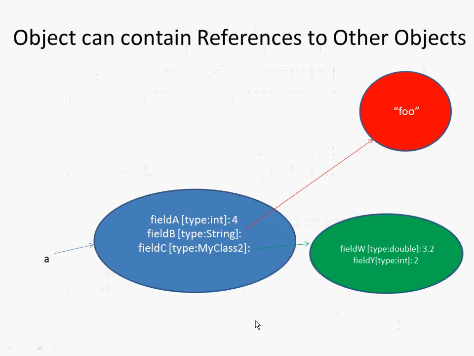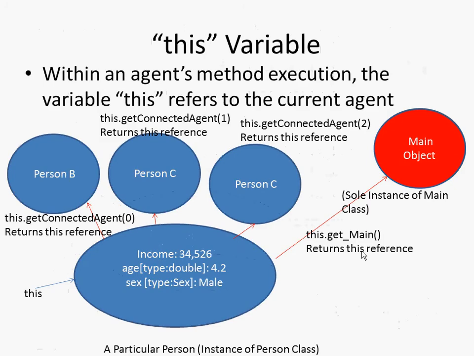These objects, however, can contain references to other objects. So maybe, for example, this particular agent has not only their ethnicity here, but also has a name associated with it, and has a reference to a different object which may represent their mother or something like that. So here, for example, might be one agent, one person.